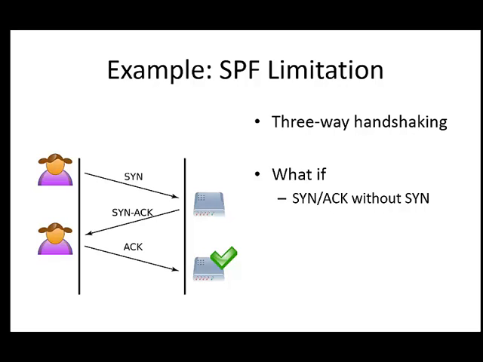Attackers often use this three-way handshaking to launch an attack. What I mean by that is, instead of actually responding to a SYN packet, which could be originating from the network under attack, it simply generates its own SYNACK packet without really getting contacted by the network under attack, and then it sends the SYNACK packet.